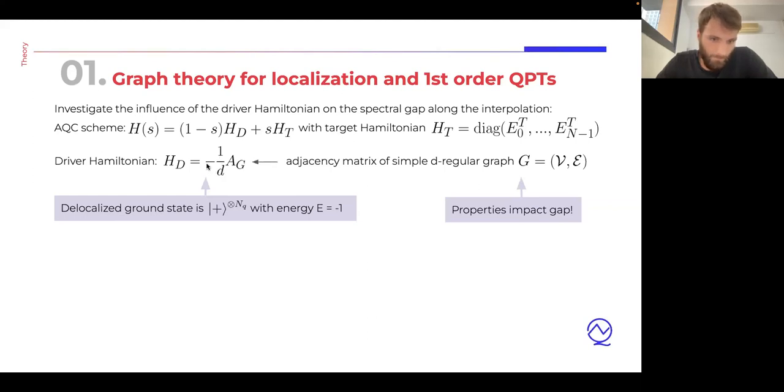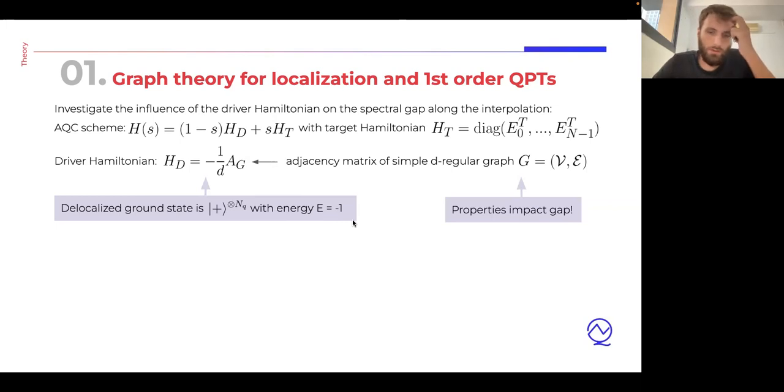And we're going to normalize that just to make sure that the ground state energies are the same, which makes it slightly more comparable. By the minus sign, we make sure that the ground state is the delocalized state in the computational basis, so just this product state of plus states. And the 1 over d takes care that the ground state energy is always -1.